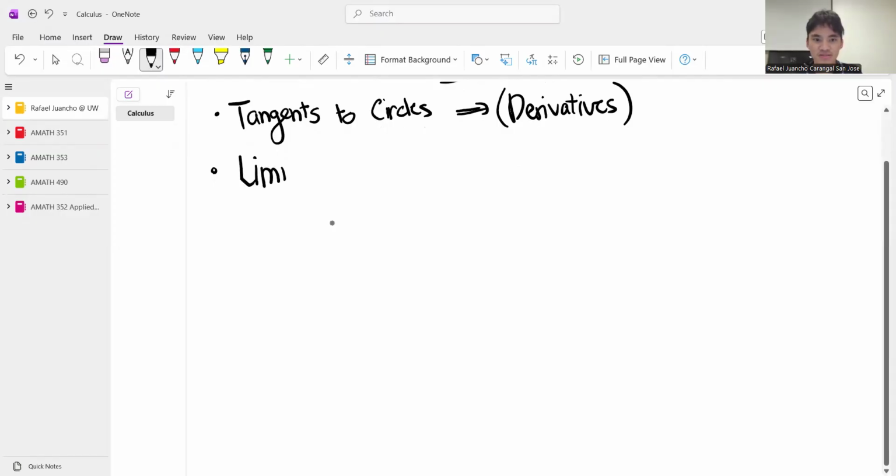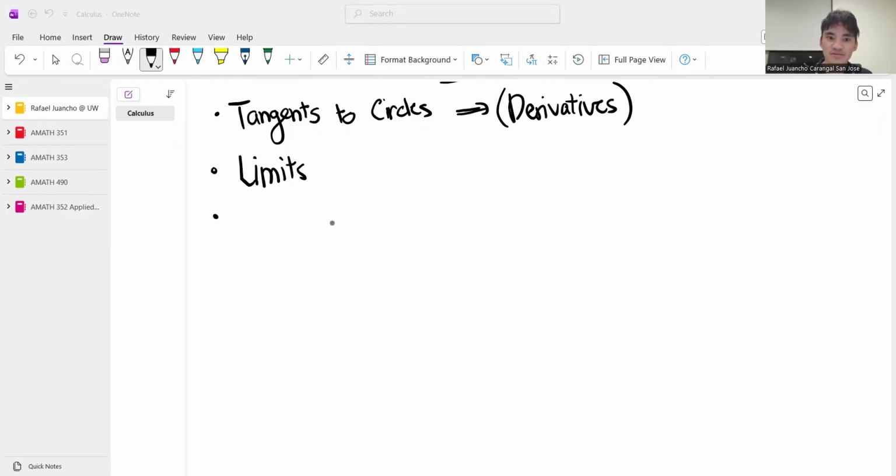We also go over limits. What is a limit? Why do we care about limits? That's essentially just a tool for us to define, let's say if we have a function, where it is heading if we're approaching some number.